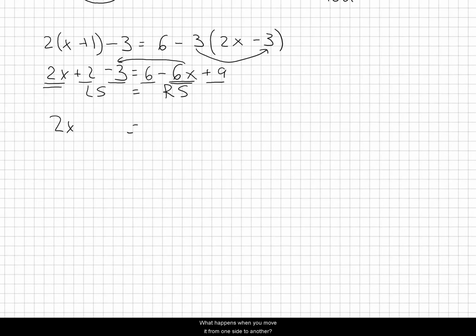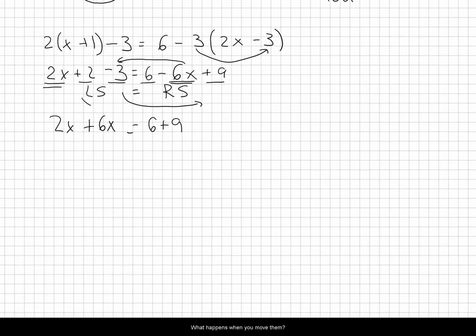What happens when you move it from one side to another? Correct, it changes its sign, so plus 6x equals. No other terms that have x exist, so let's see, on the right side, what terms do we have? 6, positive 9, and we have 2 more on the left side, so we have to move them here.